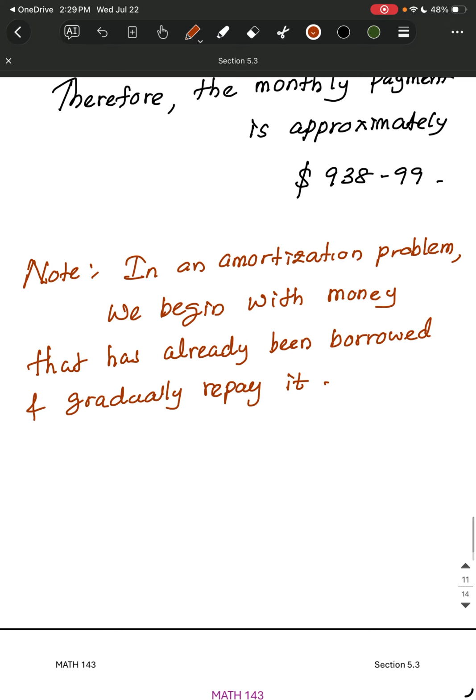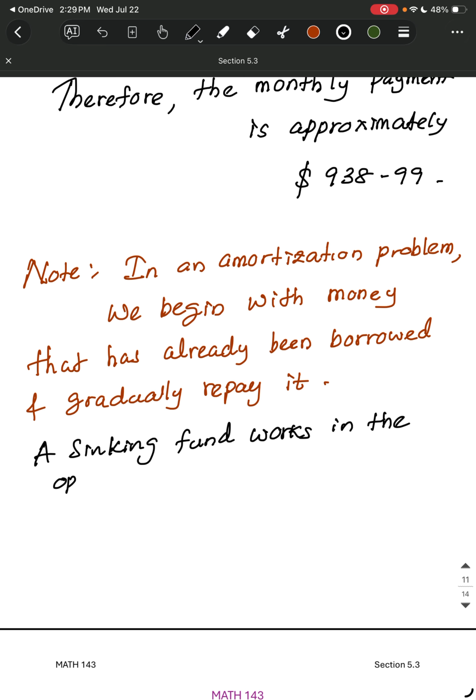A sinking fund works in the opposite direction.